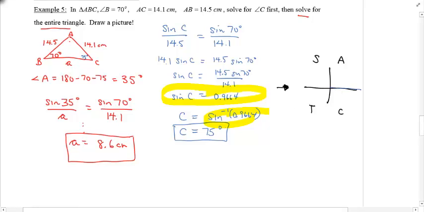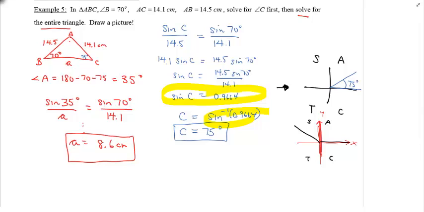So in here, what you just told me was that angle was 75 degrees. That's corresponding to this answer of C equals 75. But where else can sine be positive? That is right, in quadrant 2. So if I were to draw my axes again, x and y, you could potentially have an angle over here in quadrant 2, because All Students Take Calculus also works here.